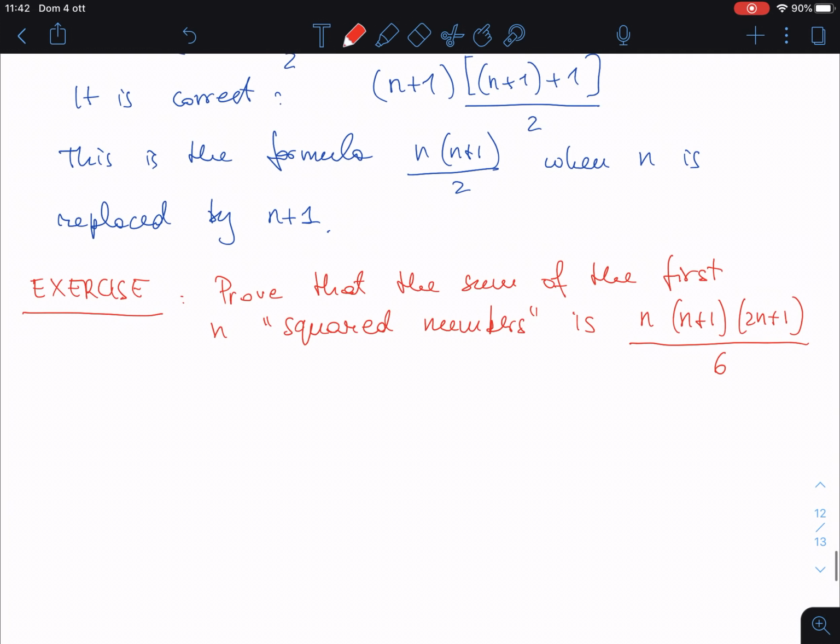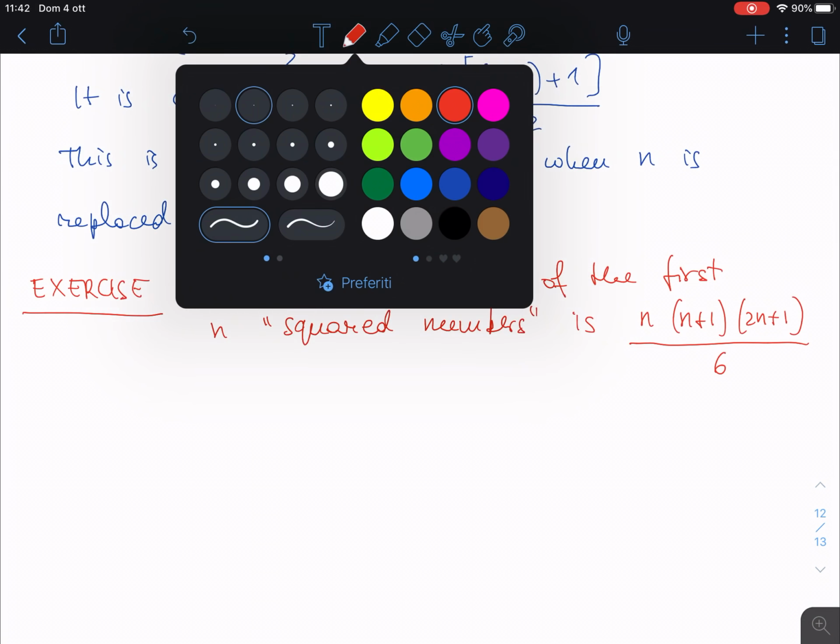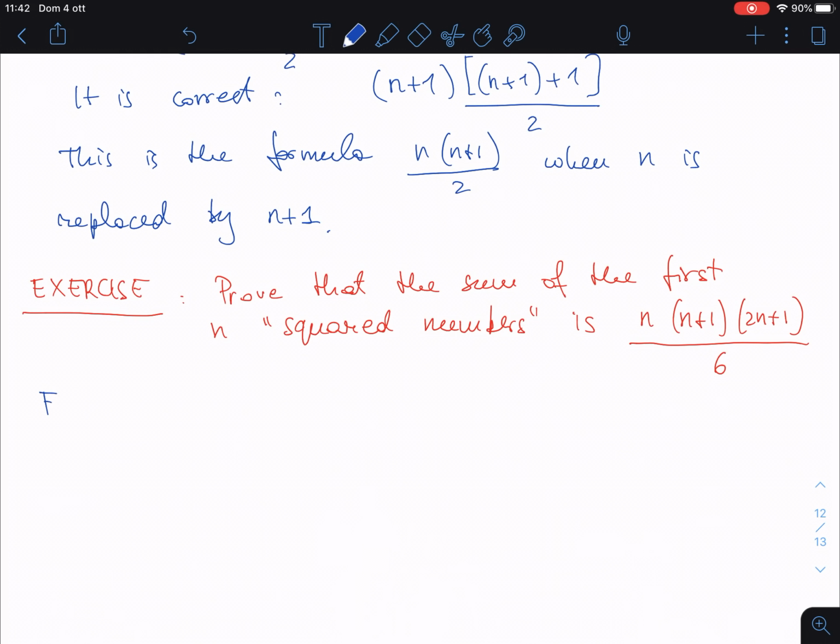And now remember that for the natural numbers, the internal operations we defined are sum and product.